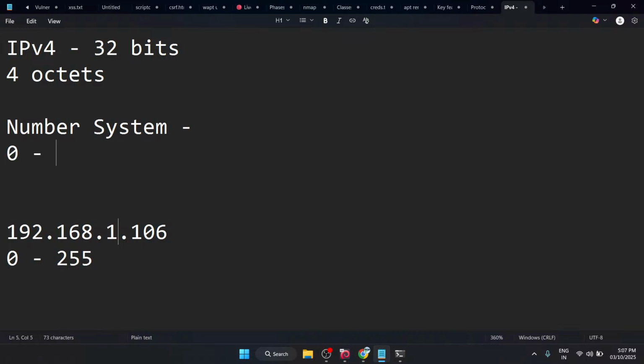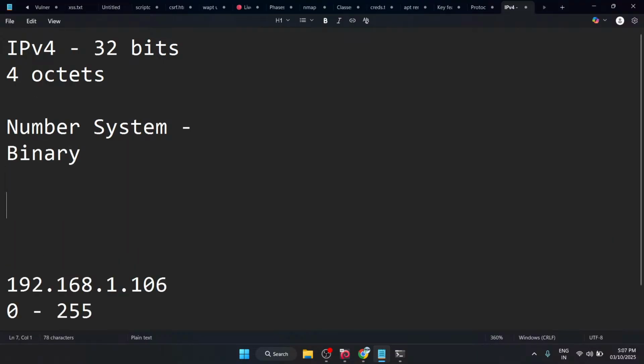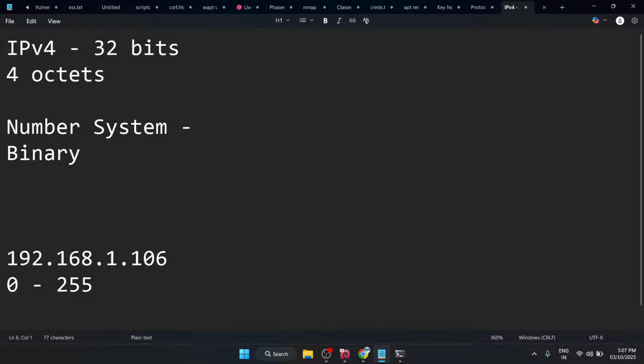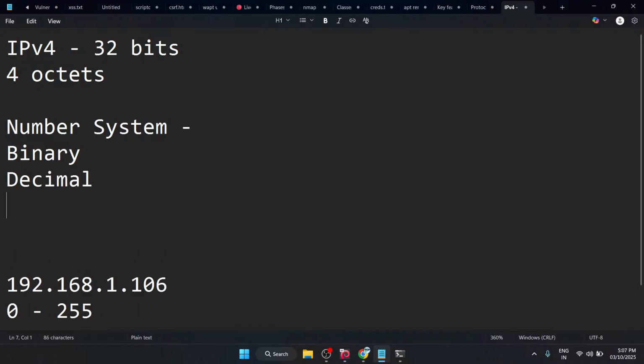We have binary numbers, decimal numbers, and hexadecimal numbers. There are also octal numbers, but those are not necessary at the moment. Binary numbers are your zeros and ones. Bi means 2, so 0 and 1.